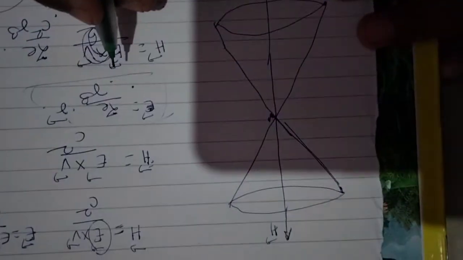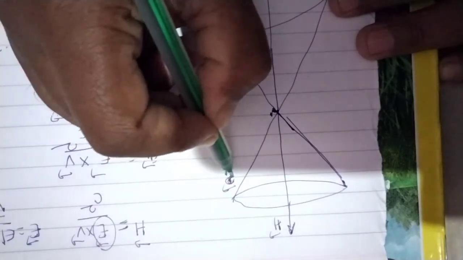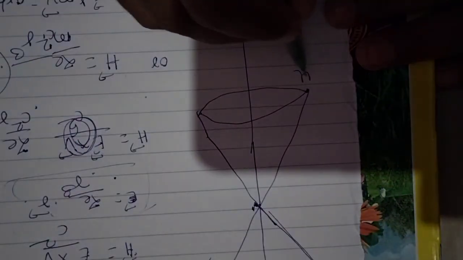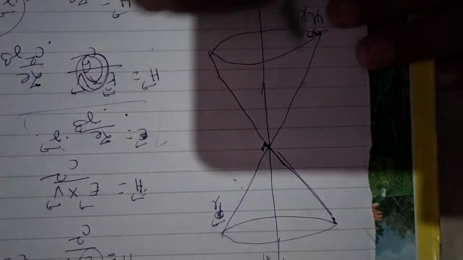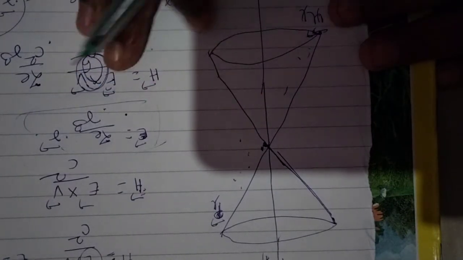This is the direction of applied magnetic field, H bar. This is the orbital angular momentum, and this is the dipole moment, magnetic dipole moment mu L bar. These both are oppositely directed to each other, anti-parallel. So both are in opposite direction.